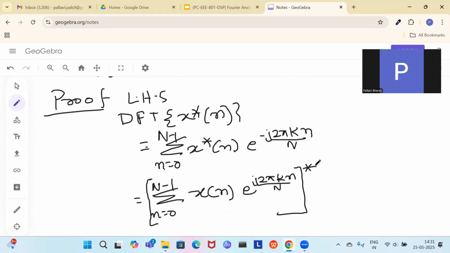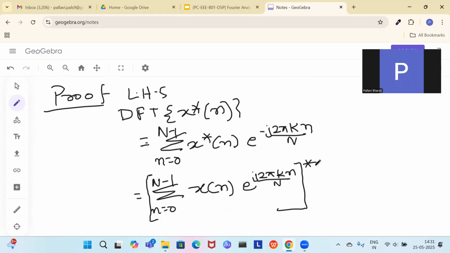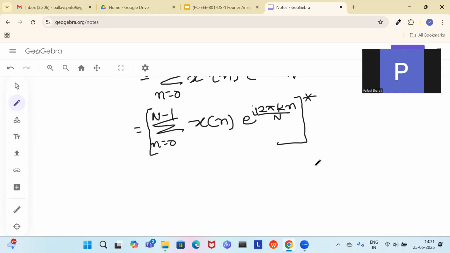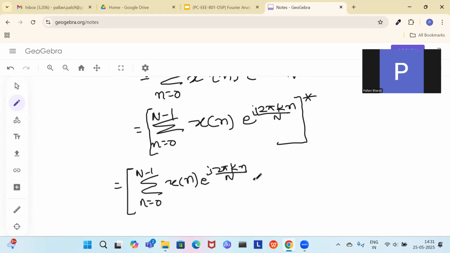Okay. Now next part, again the same thing like we did in the previous one, which was to take the 1 multiplied in these equations, n is equals to 0 to n minus 1. This is xn, then e to the power j2 pi k n by n into 1. Now this 1, we will substitute it with what?